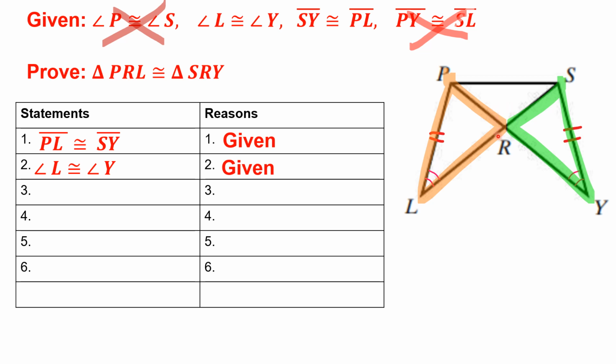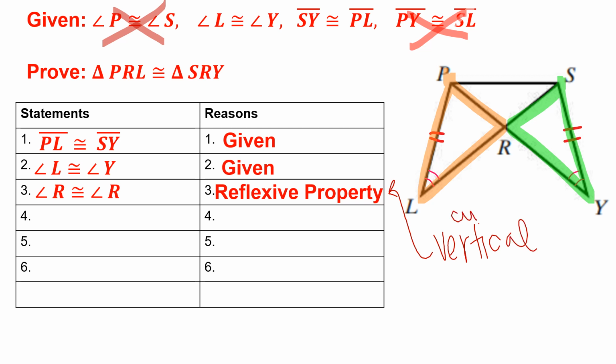So there's the angles on the top and bottom, and the angles on the right and the left. So angle R is congruent to itself. That's the reflexive property, but it's also the vertical angles theorem.